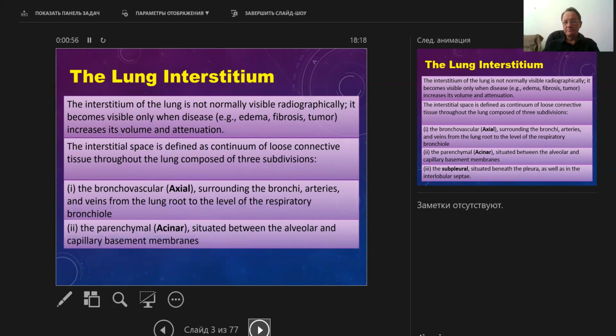The lung interstitium is defined as a continuum of loose connective tissue throughout the lung composed of three subdivisions. First, the so-called bronchovascular axial, surrounding the bronchi, arteries, and veins from the lung root to the level of respiratory bronchi.